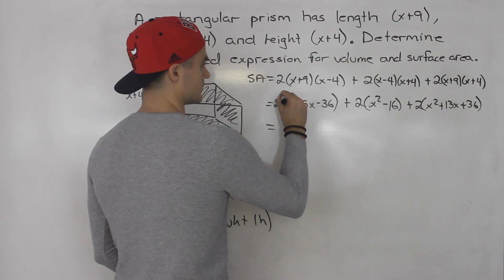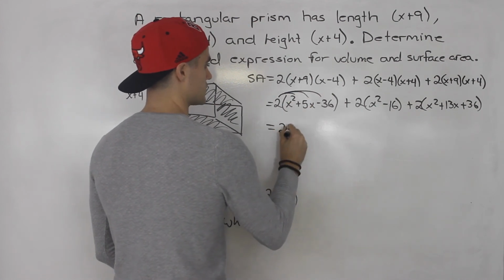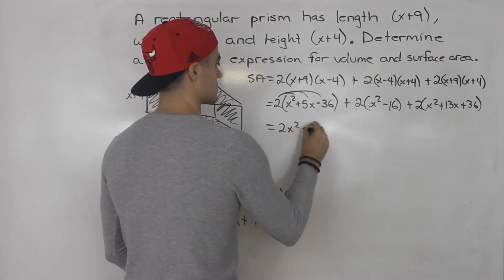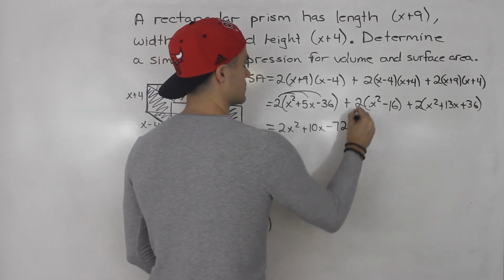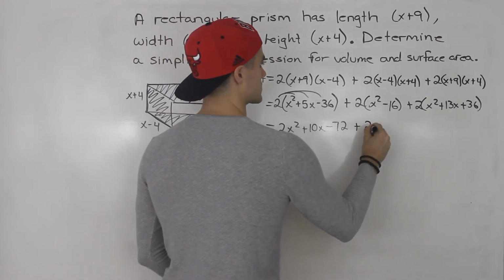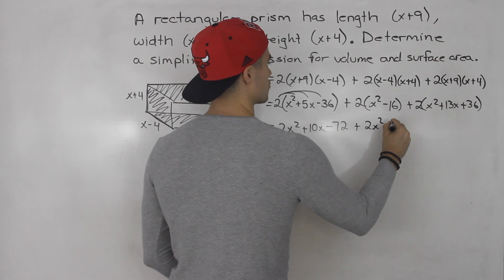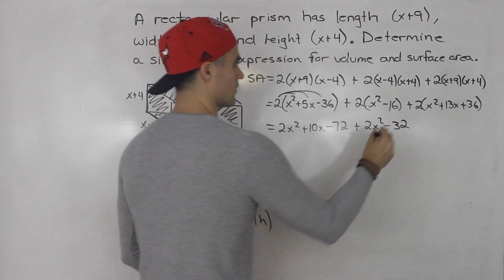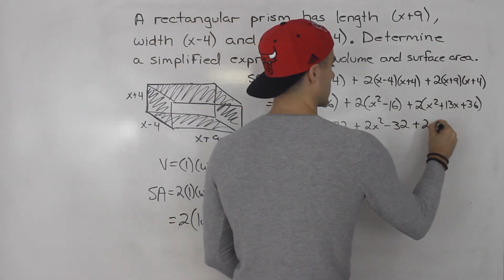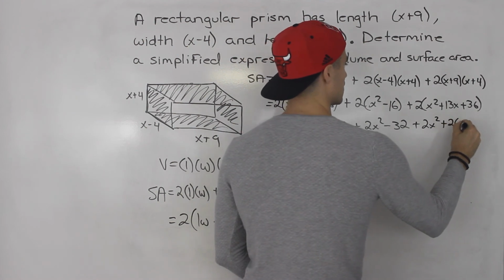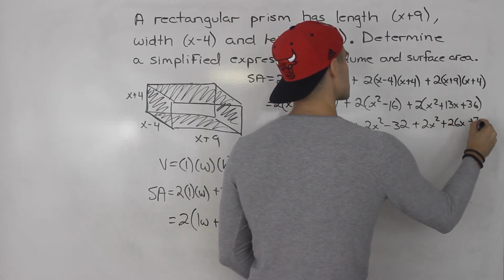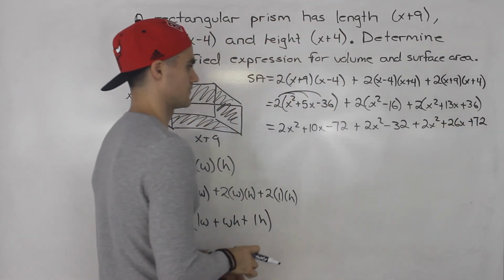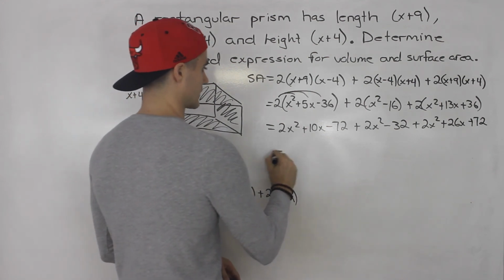So distribute the 2, so we'd have 2x squared plus 10x minus 72 plus 2x squared minus 32. Then here would be 2x squared plus 26x plus 72. And then you just collect the like terms.